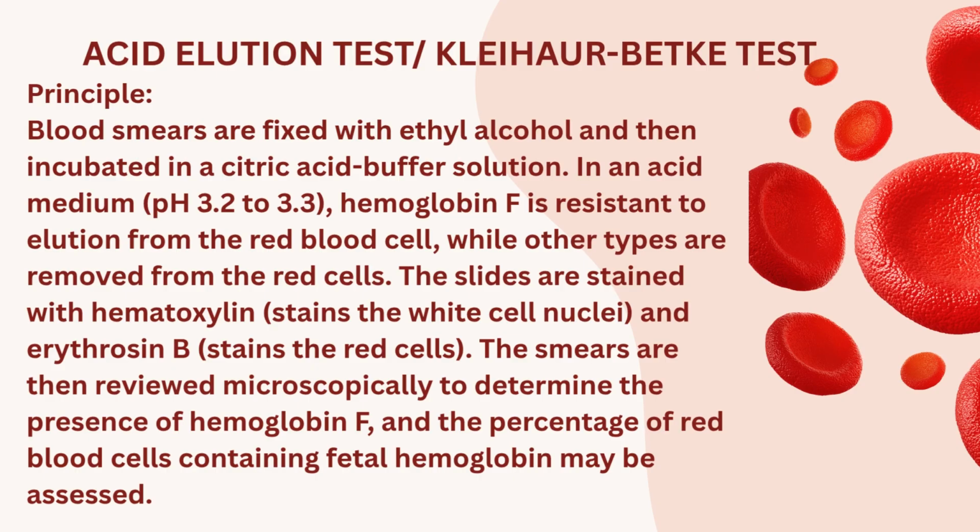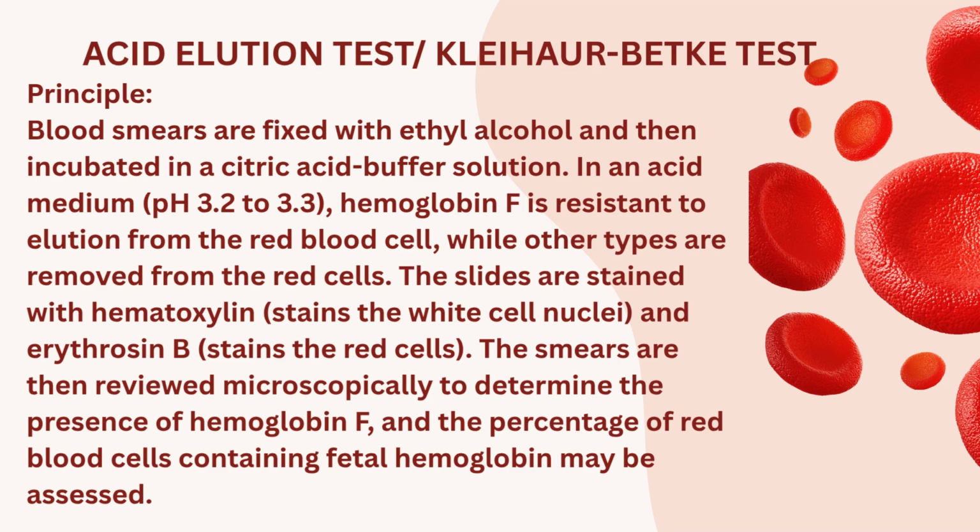For the principle of the acid elution test, blood smears are fixed with ethyl alcohol and then incubated in a citric acid buffer solution. In an acid medium, with a pH of 3.2 to 3.3, hemoglobin F is resistant to elution from the red blood cell, while other types are removed from the red cells.